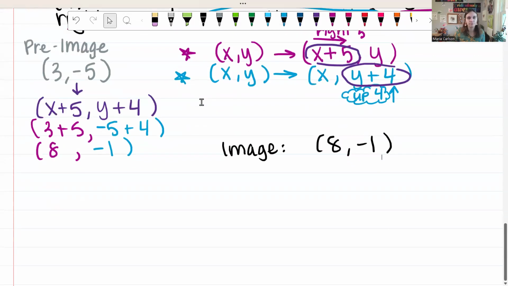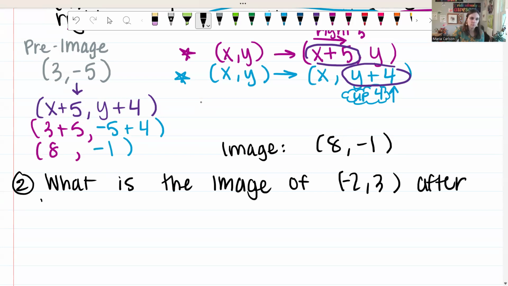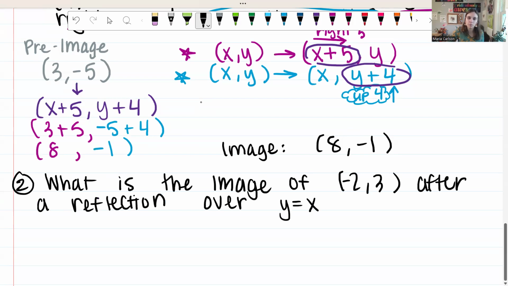All right. Number 2. What is the image of -2 comma 3 after a reflection over y equals x, followed by a translation down 2 units?